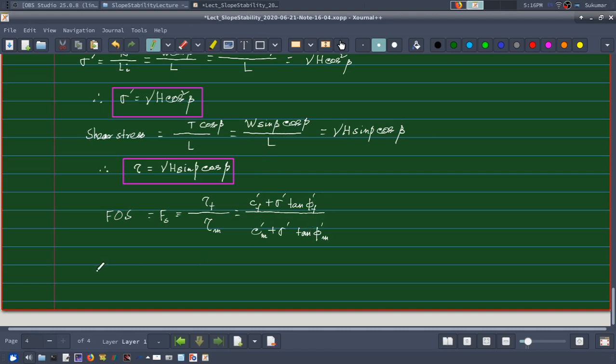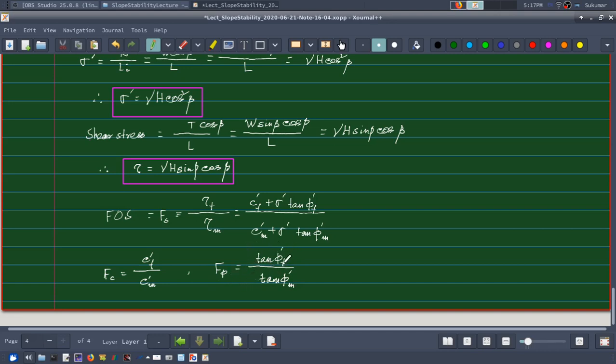Therefore we can also define a factor of safety for cohesion, Fc, as C dash F by C dash m, and another factor of safety for friction, which is tan phi dash F by tan phi dash m, this mobilized friction.